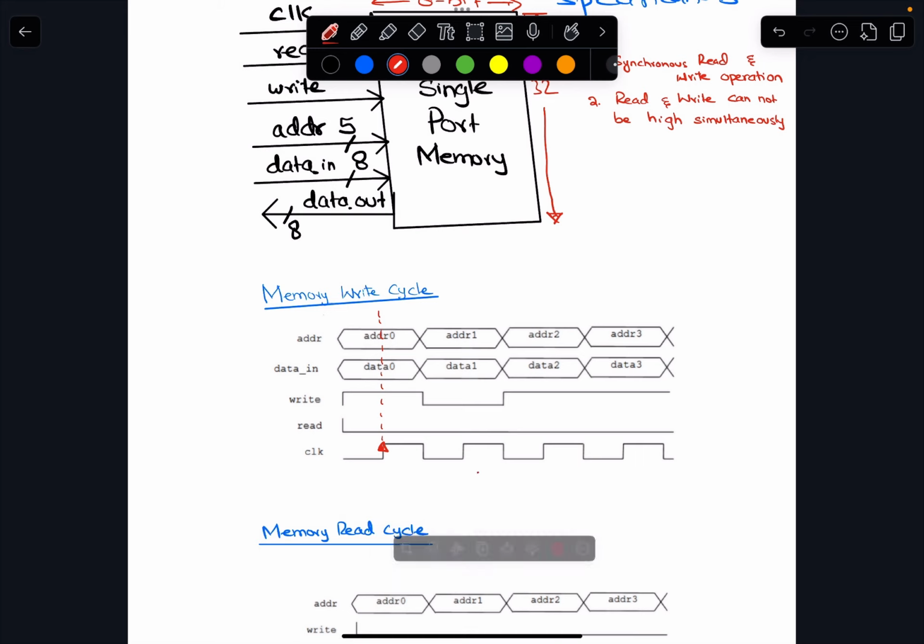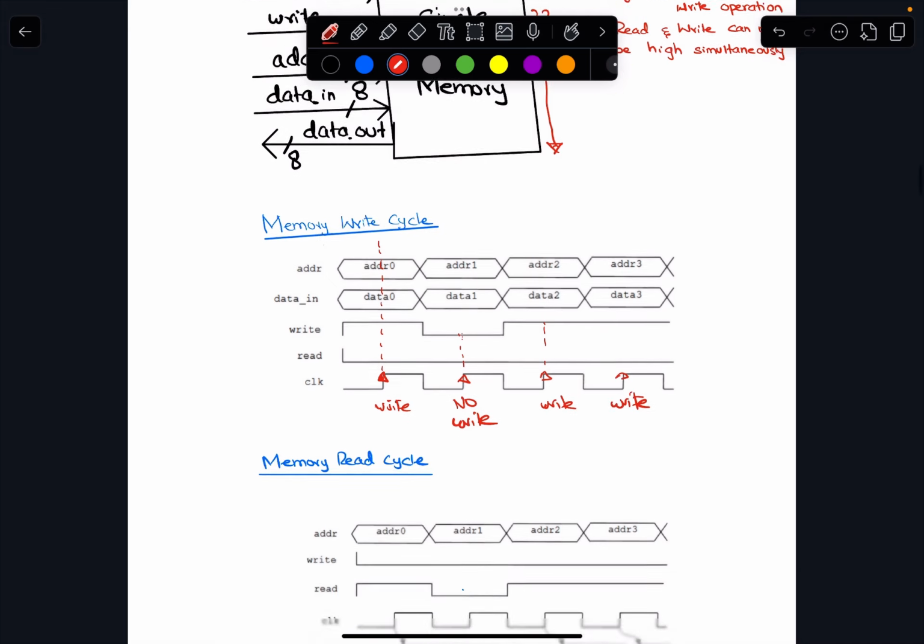In the second clock cycle this is low, so there is no write, and then we have high again, so write and write. So you need to understand the timing diagram of the write cycle.